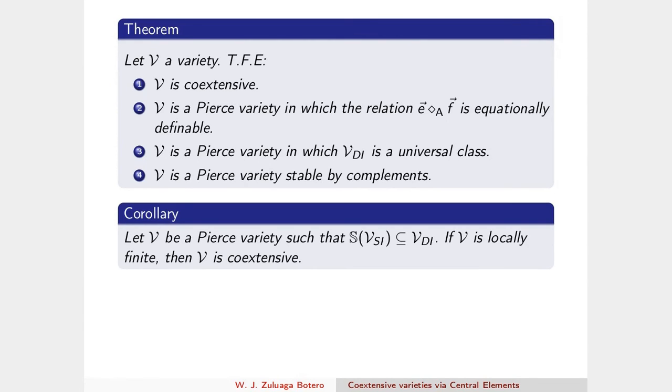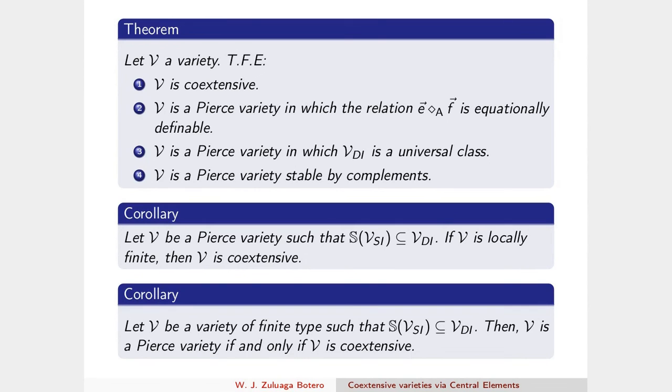As a corollary, we obtain that V is a Pierce variety such that the subalgebras of subdirectly irreducible members of V are directly indecomposable. Then, if V is locally finite, then V is coextensive. And if V is a variety of finite type such that this condition here holds, then V is a Pierce variety if and only if V is coextensive.